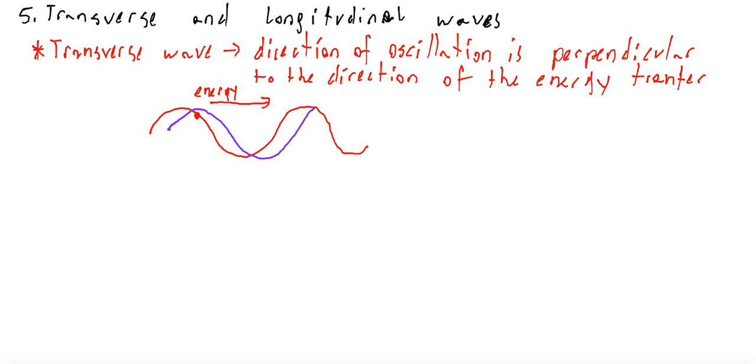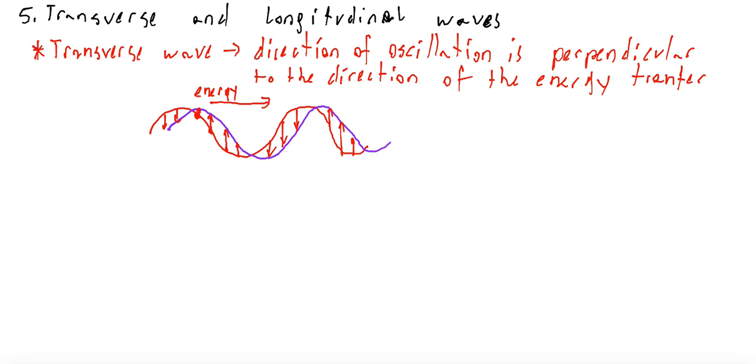What is the direction of vibration of any water molecule? This red marker will be moving up. Each point of the wave will be moving up, creating a new wave, or down, creating a new wave. You see this? So what is the relation between direction of oscillation and direction of energy transfer?